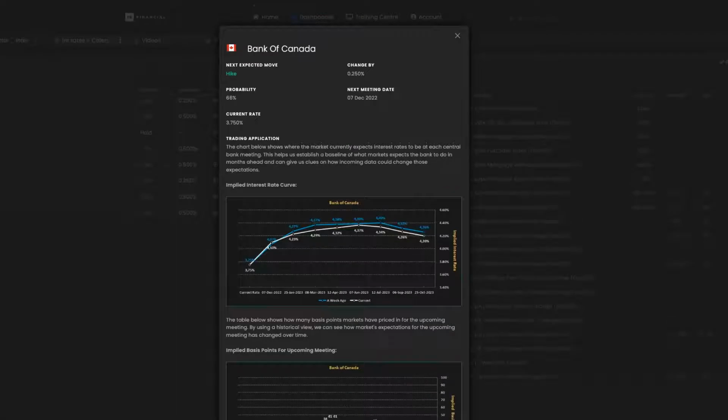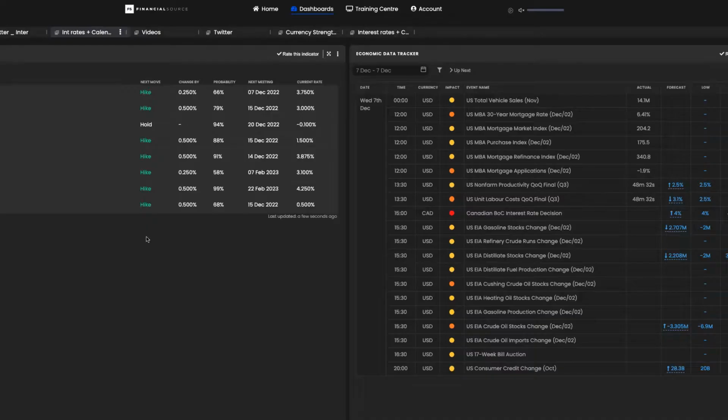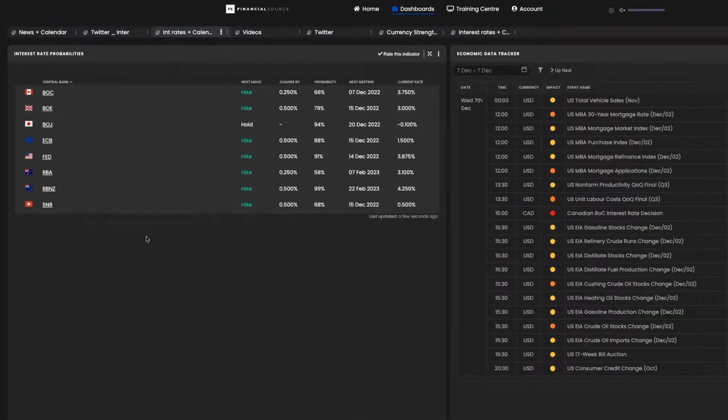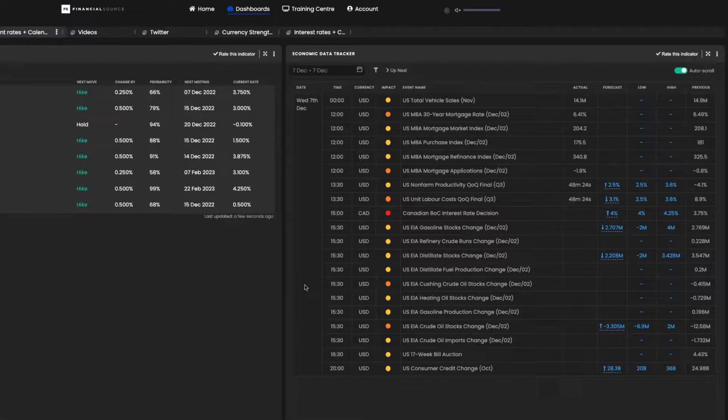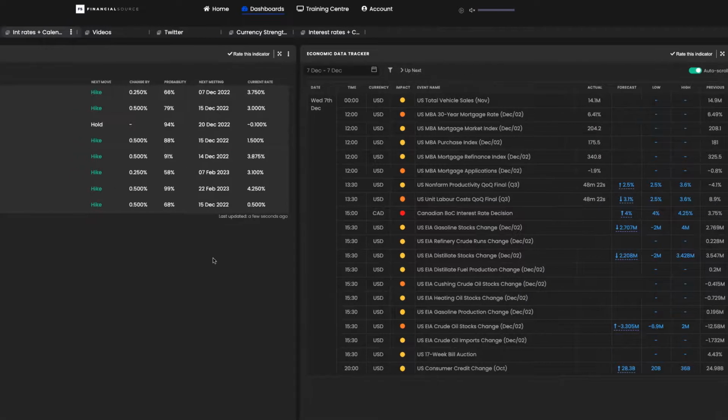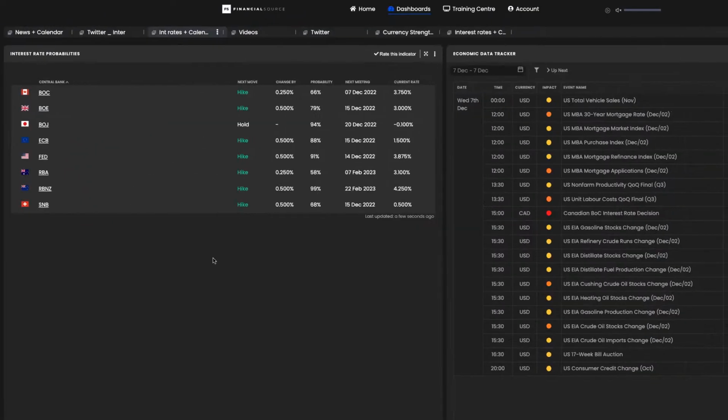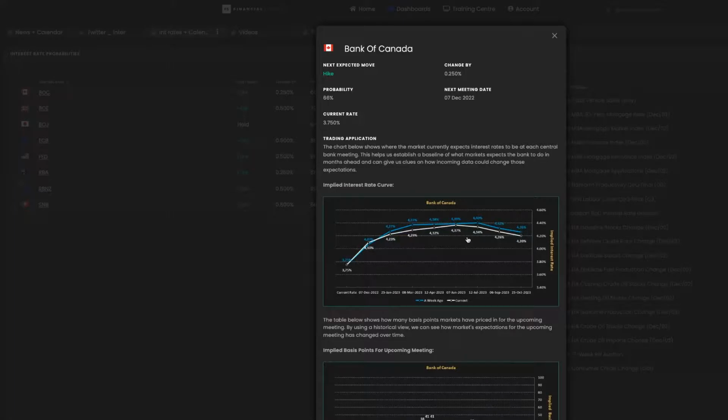Now, what that means is if we get the 50 basis point rate hike, then that will be the surprise. But we need to see a bit more than just a 50 basis point rate hike. What we also need to see is expectations that the Bank of Canada is expecting to be more hawkish.